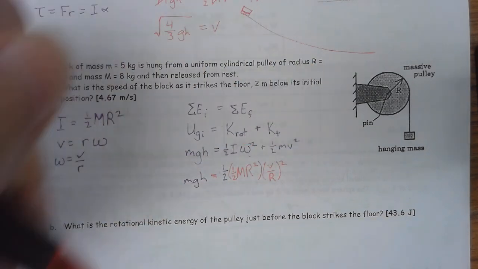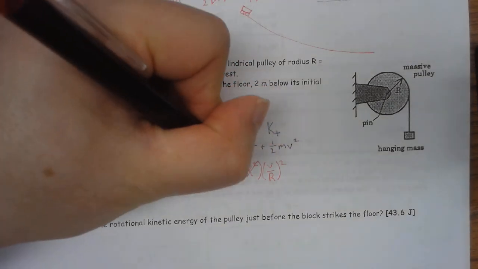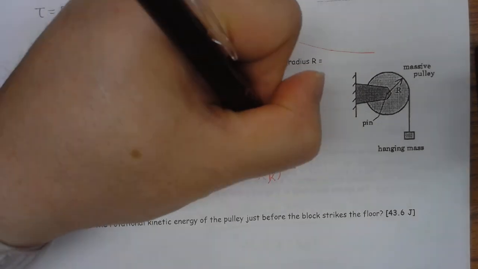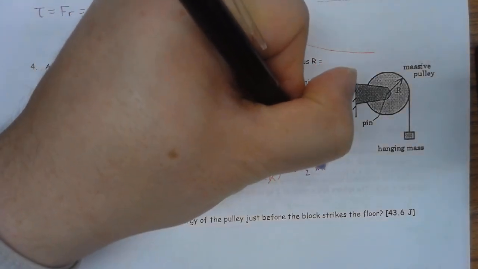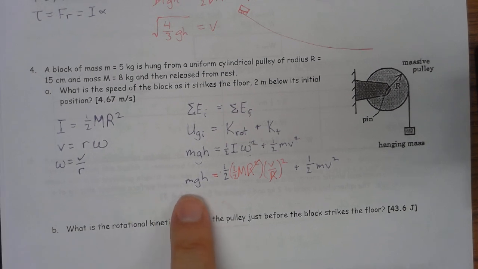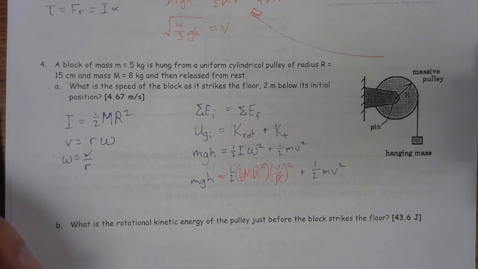And then that gets squared. Yeah, and then our r's cancel out. Plus 1/2 mv squared. Can I cancel out my m's? No. Two different sizes. Little m, big M. Okay? But that's okay because they gave us numbers.